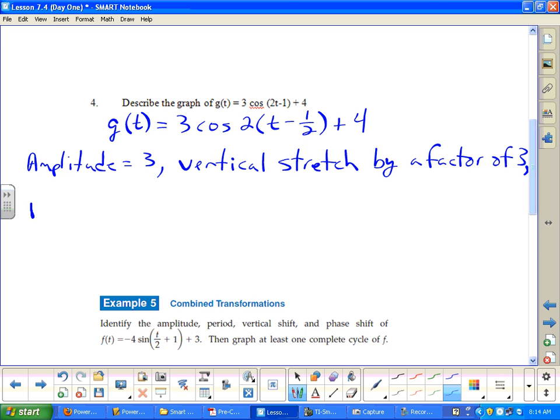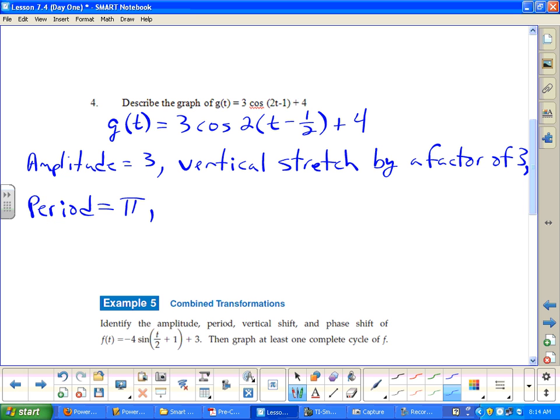The period in this case is equal to what? John says the period is pi, and why is it pi, John? The value of B is 2. 2 pi divided by 2 is pi.